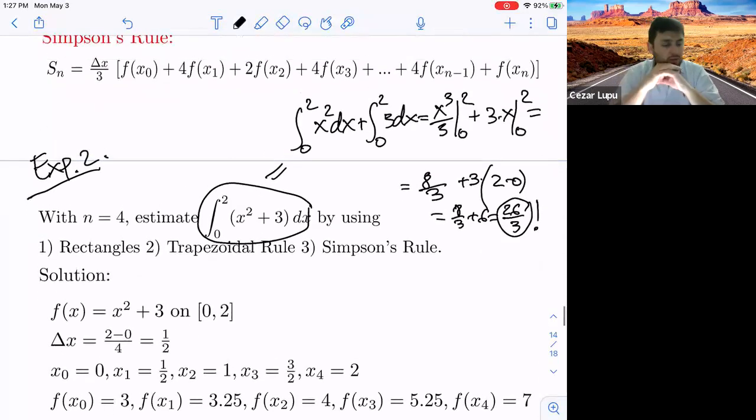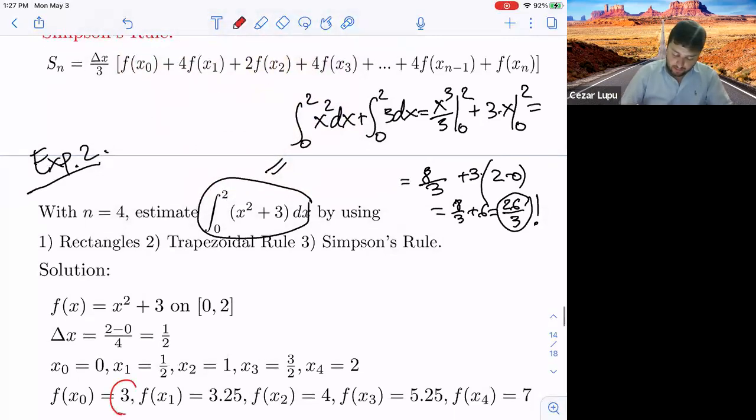Now let's compute the values of each one of them. So f of x0 will be 3, because x0 is 0. For x1 equals 1/2, f of x1 will be 3.25. f of x4 will be 7, and so on. You'll see you have a bunch of numbers here.